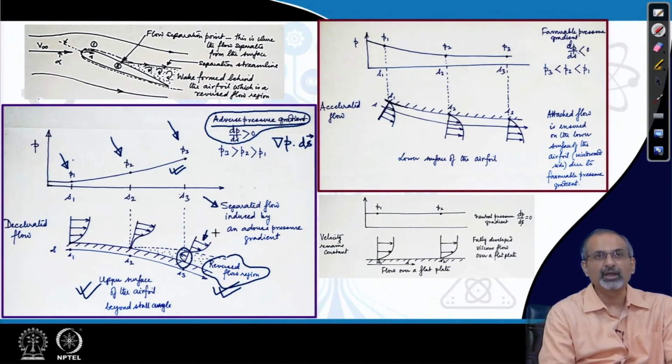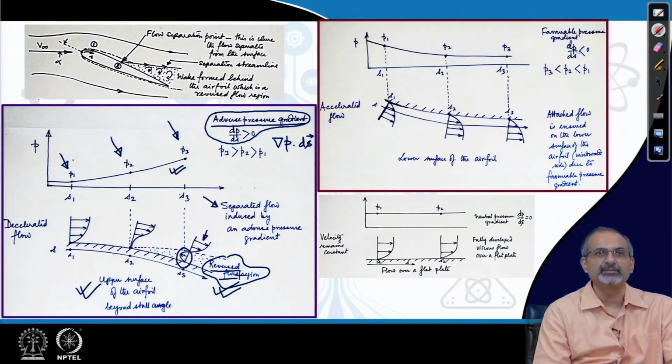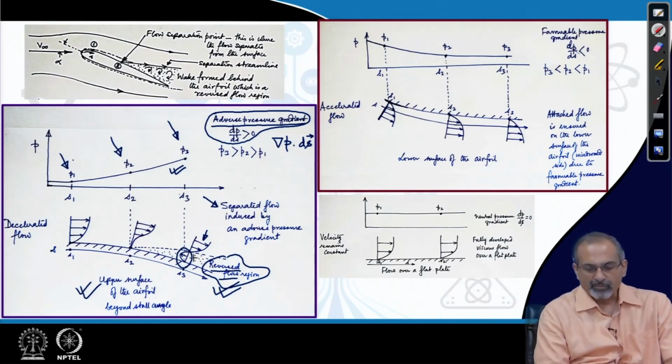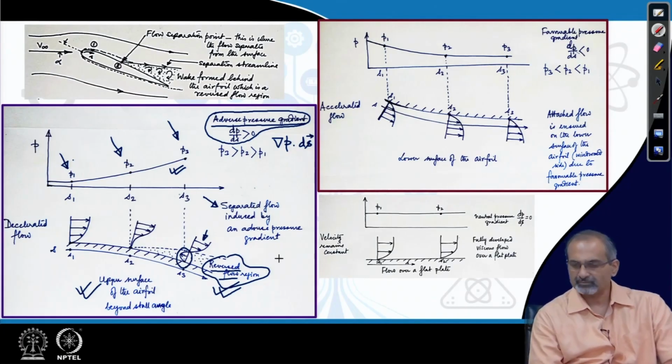So, the overall flow direction is this, but in some region of the velocity profile, locally the velocity is pointing the other way. So, that is a reverse direction, and therefore, we say it is a reverse flow region. The dotted region is all going to be affected by reverse flow and viscous effects.